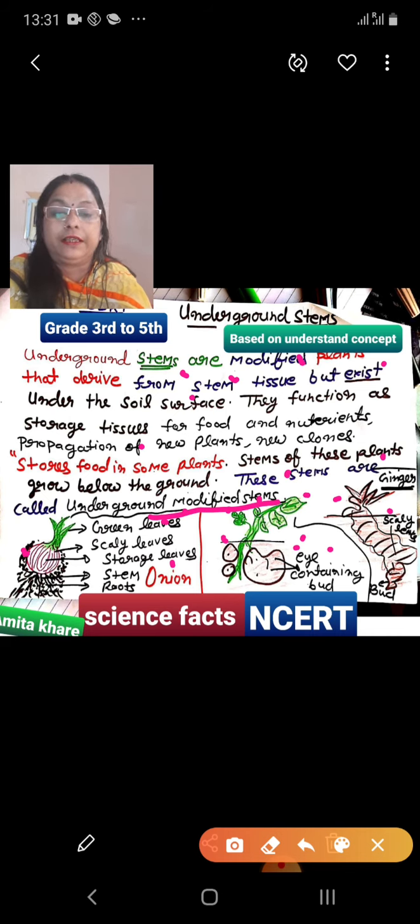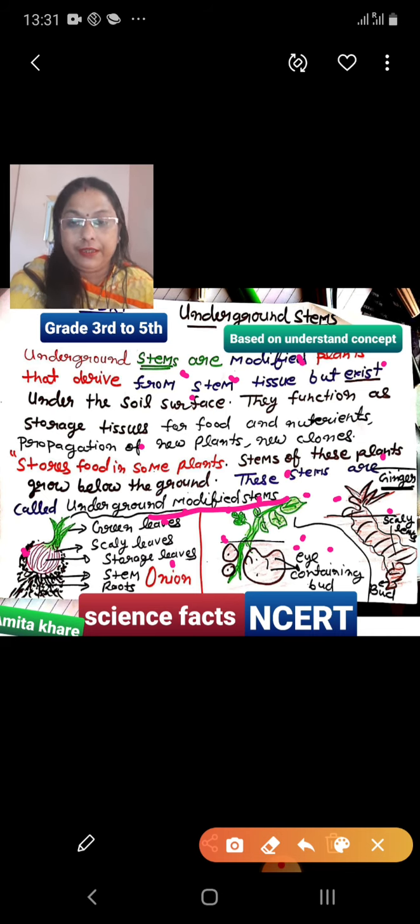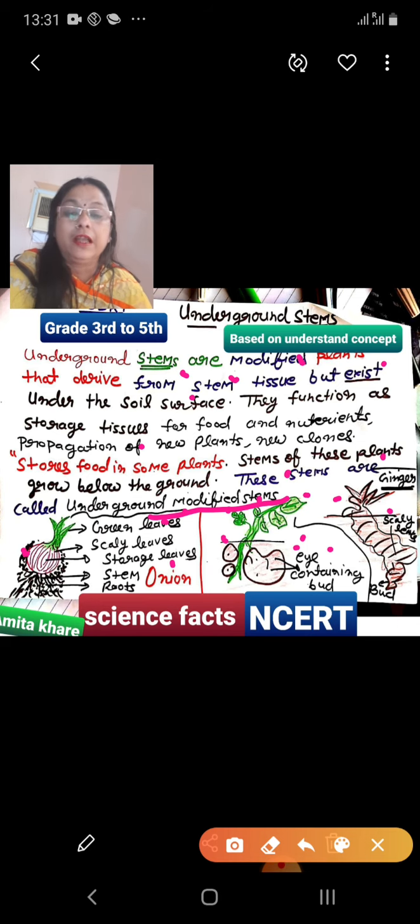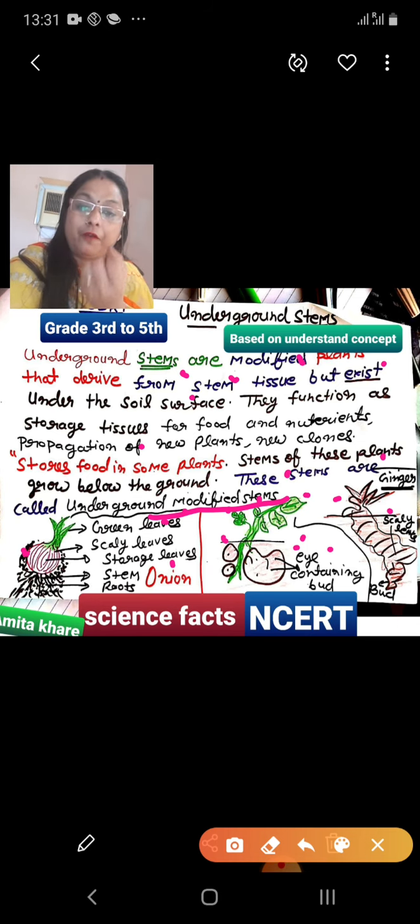You can easily see this on your screen. So let's revise. Underground stems are modified plant parts derived from stem tissue but existing under the soil surface and growing vertically. This type of stem grows vertically under the surface of the soil.